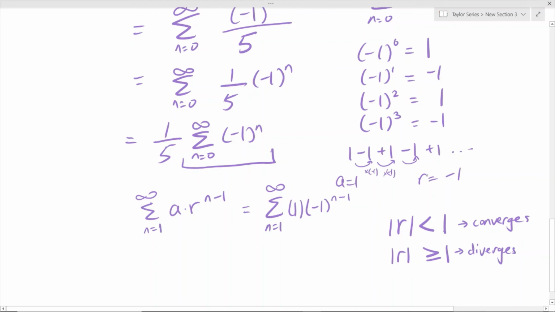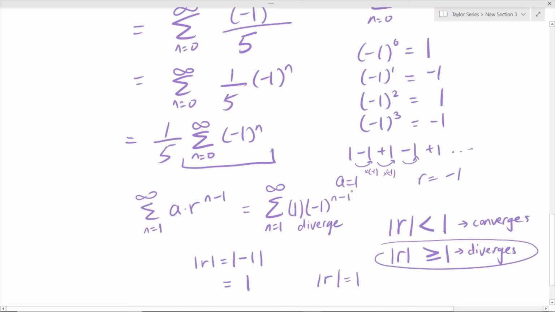In this case, our r is equal to -1, so the absolute value of r is equal to the absolute value of -1, and the absolute value of -1 is equal to 1. So the absolute value of r is equal to 1, which means that it will diverge. So this series will diverge.